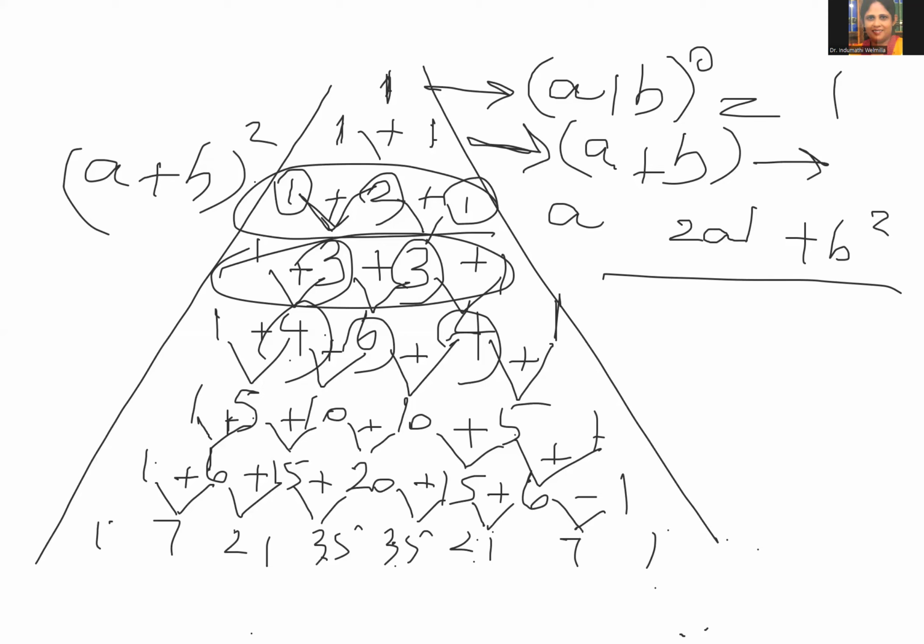We use combinations when we expand an expression as a binomial, using the binomial theorem also. So please go through those things again, right?